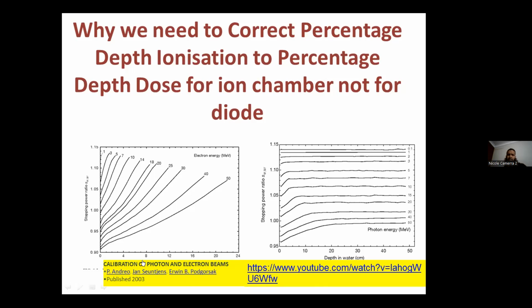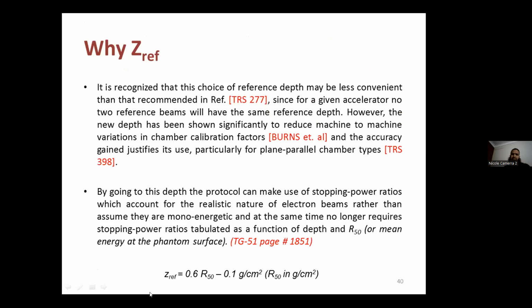If you want to read a bit more about this, this is quite a good paper on the calibration of photon and electron beams, by Andrew. So Zref is recommended, and I asked you this question in the previous slide: why is Zref recommended?